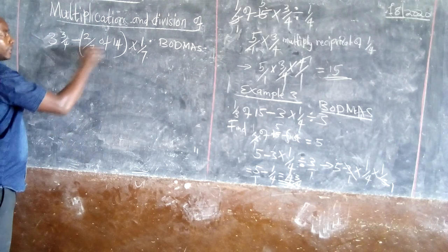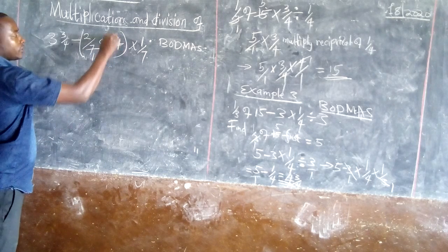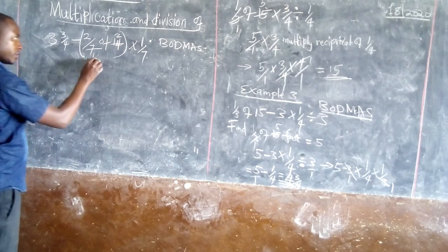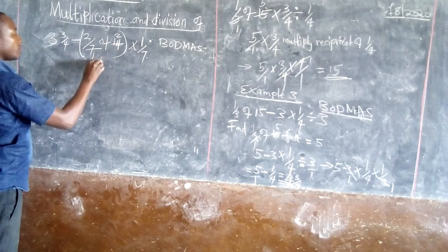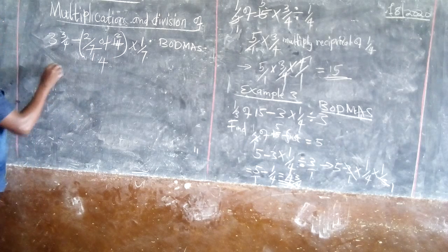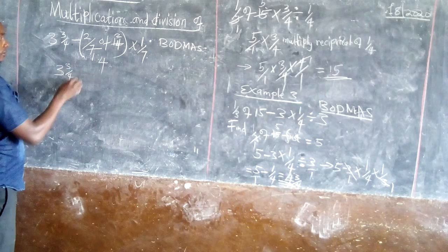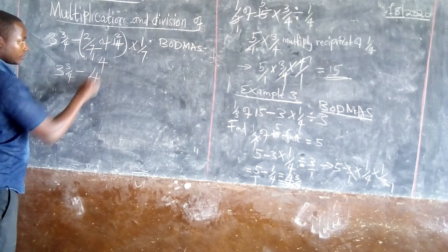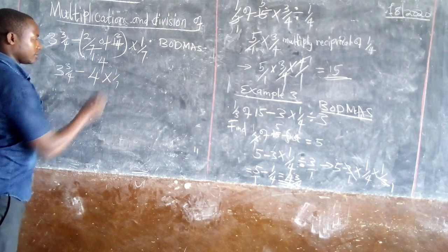So we have by 7, 1, by 7, 2. Here we remain with 2 times 2, you get 4. So we have 3 and 3/4 minus 4 times 1/7.